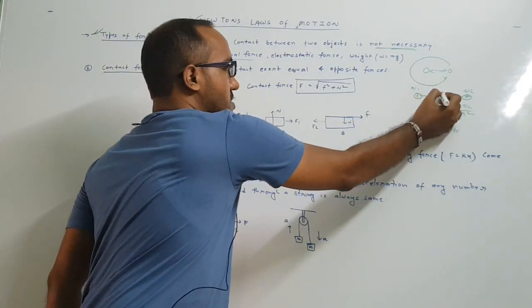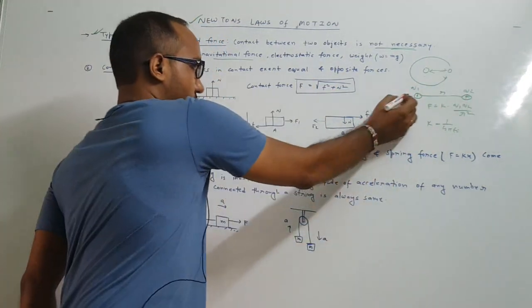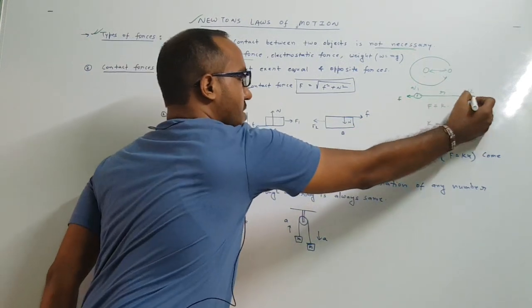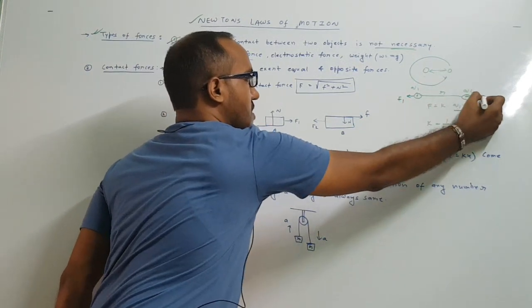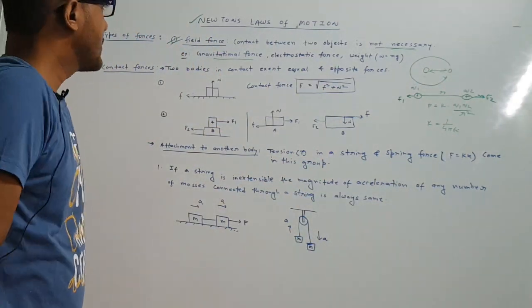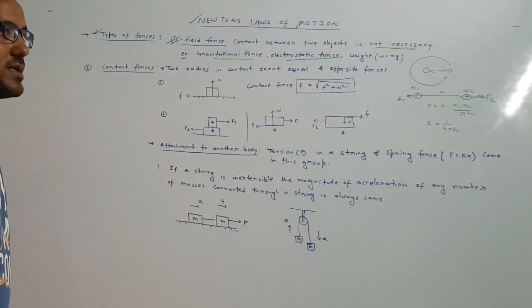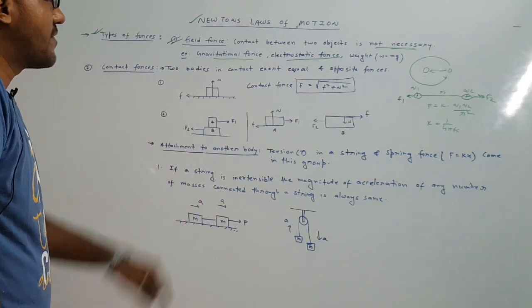This is the distance between two charges. Let us say here F1 and here F2. So it is a Coulombic force, and there is no physical contact, so electrostatic force is a field force.